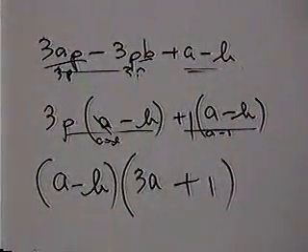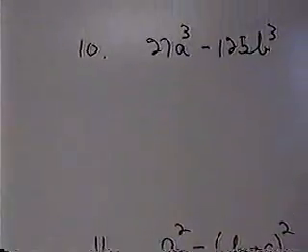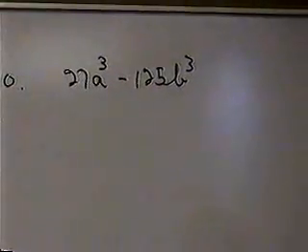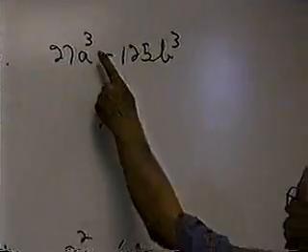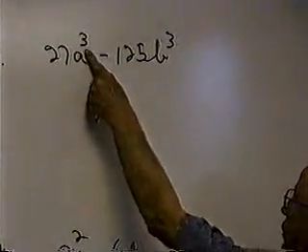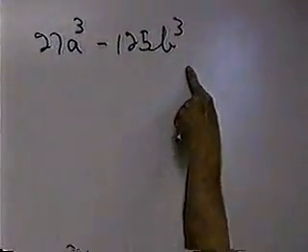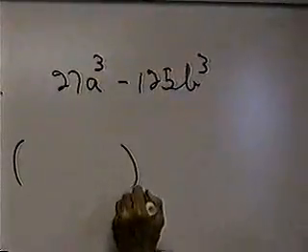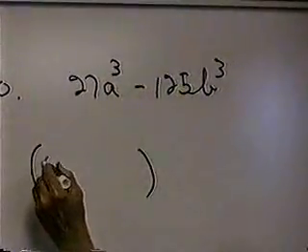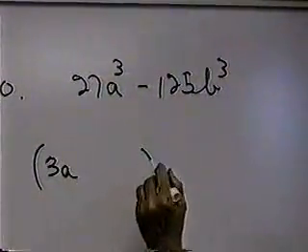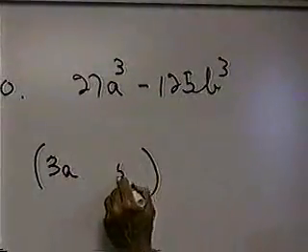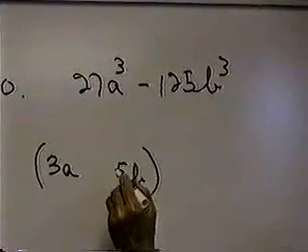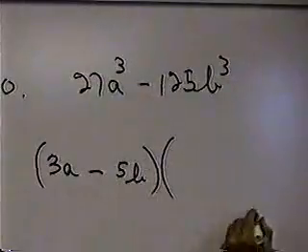All right, number 10. What do we have here? We have a cube. We have a third power, a 3 or 6 or 9 power. So what we're going to do is look for that special case. So the cube root of this would be 3a, and the cube root of this would be 5b, minus, same sign.